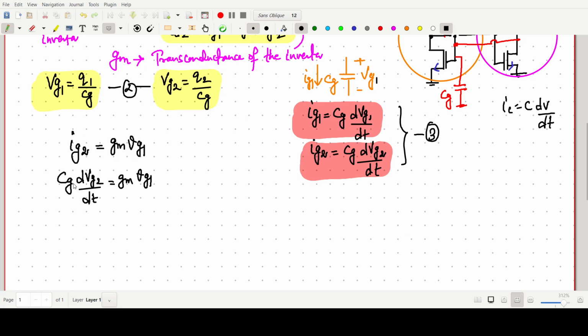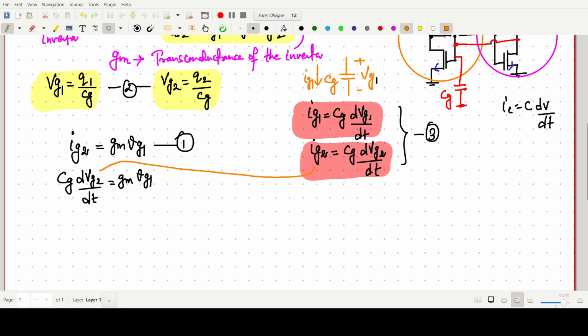Now again, this one is one equation. Similarly, we can put the value of Vg in terms of charge. So first we are writing it from equation 1, where we have replaced the Ig2 value.